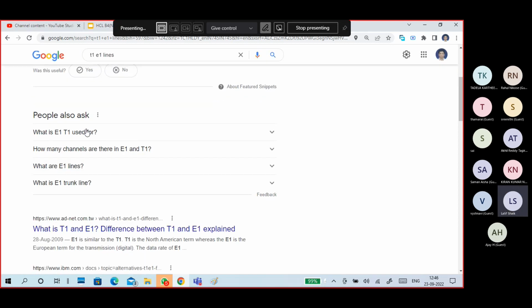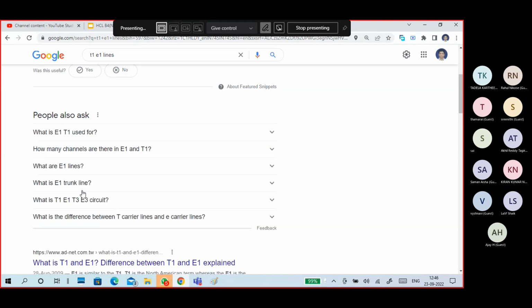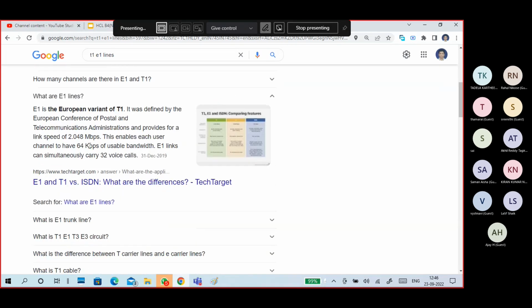T1 speed is there, E1 speed is there. This is E1, the European variant. It is defined by the European Conference of Postal and Telecommunications Administrations, provided for a speed link. E1 speed is 2.048 megabits per second.